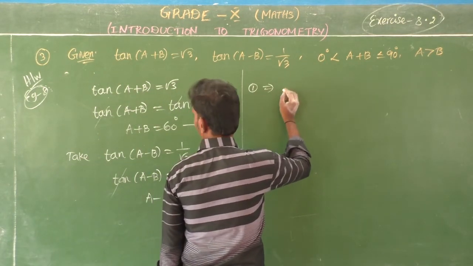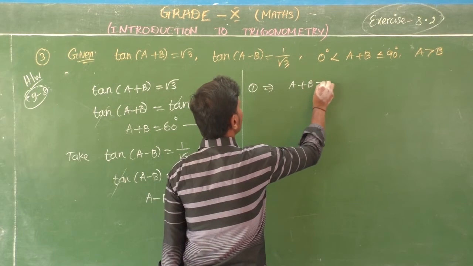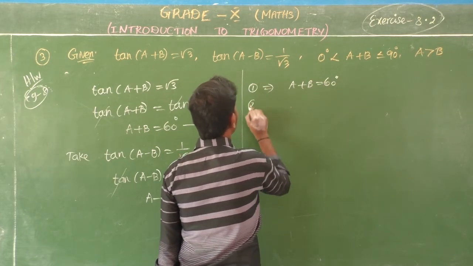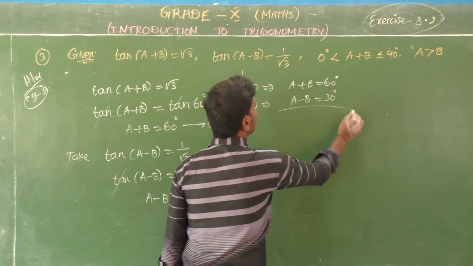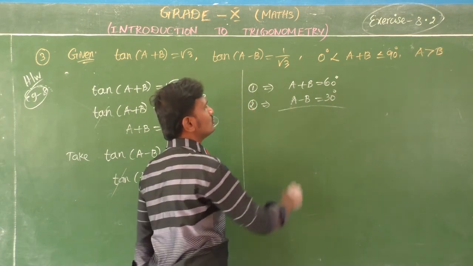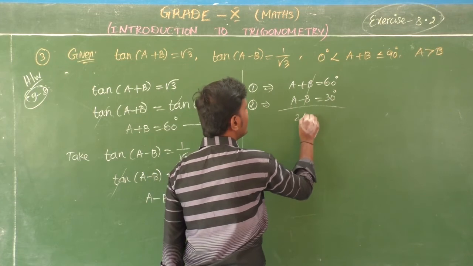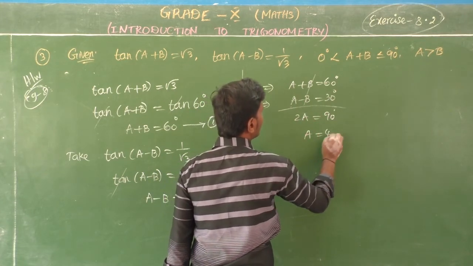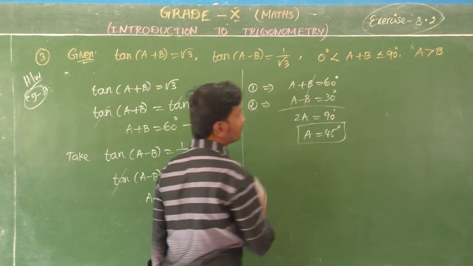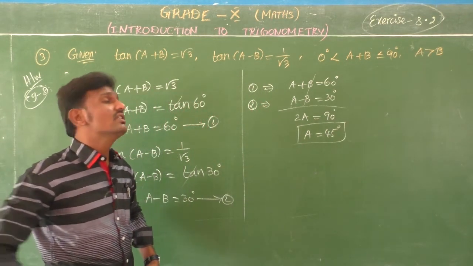Equation number 1 is A plus B equal to 60, and equation number 2 is A minus B equal to 30. It is a very easy task to cancel plus B and minus B. So 2A is equal to 90, you have A equal to 45 degrees. 90 divided by 2 is 45 degrees.